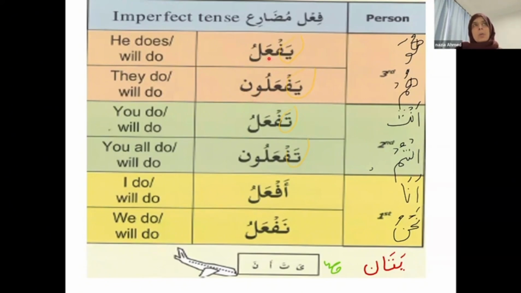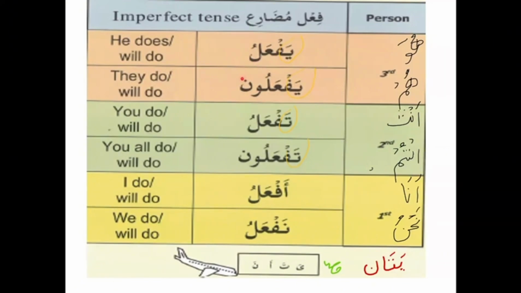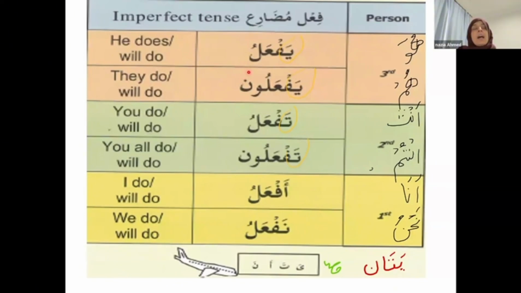So yaf'alu, yaf'aluna. I want somebody to make a guess for me now. If I have to make a dual sound, what am I going to do? Yes, you add ani. That's right. Yaf'alani. Very good. So yaf'alu, yaf'alani, yaf'aluna.